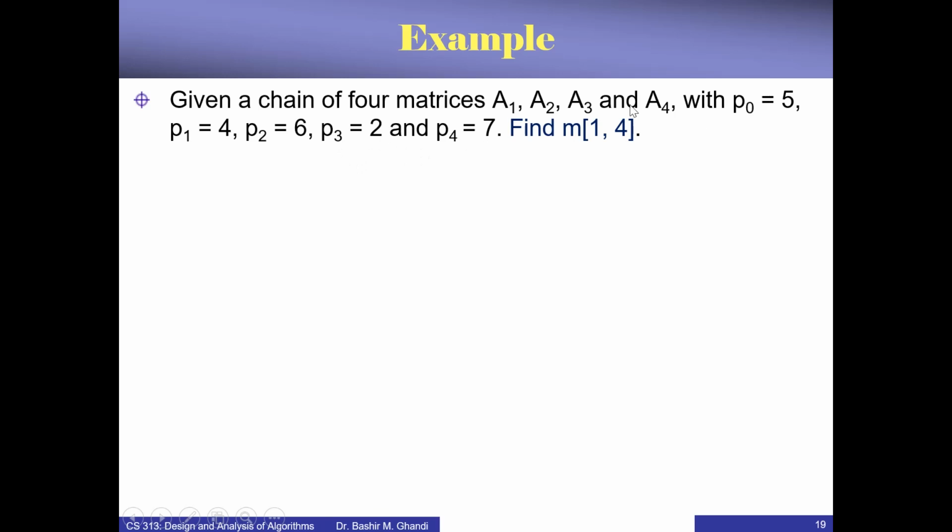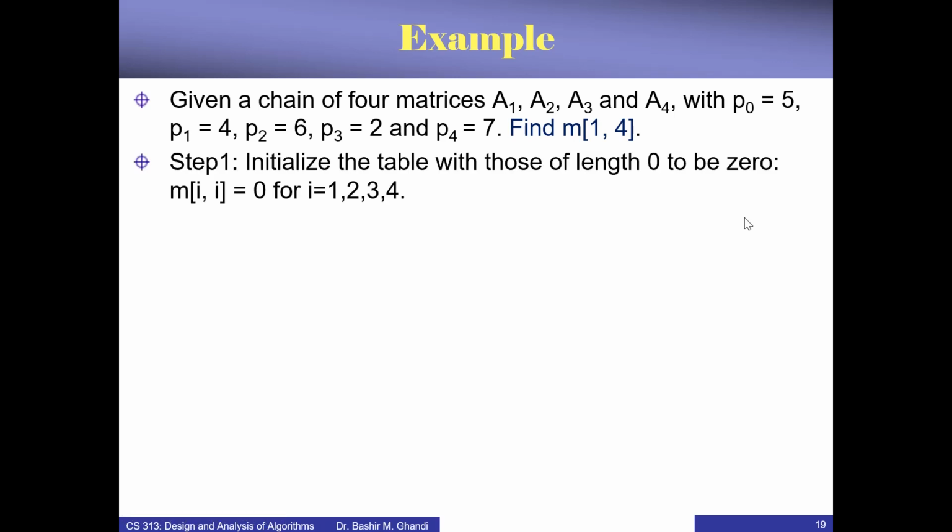So we are given the dimensions of these matrices. A1, for example, is 5 by 4. A2 is 4 by 6. A3 is 6 by 2. And finally, A4 is 2 by 7. So given these dimensions, find M14. In other words, find the minimum number of scalar multiplications needed to multiply these 4 matrices.